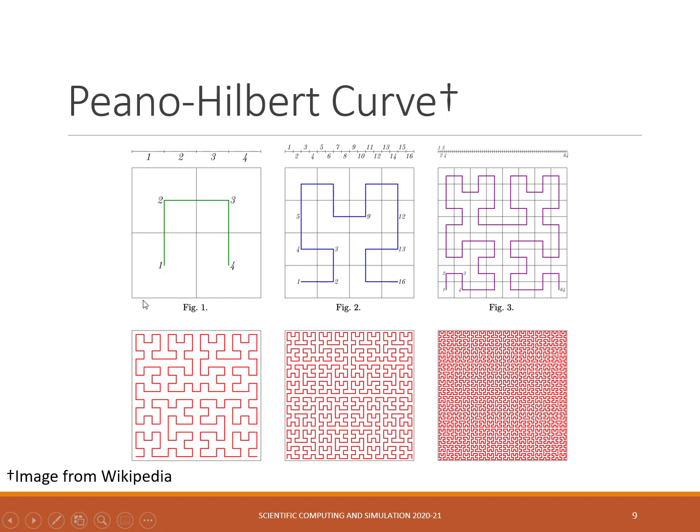This slide shows examples of the Peano-Hilbert curves in 2 dimensions. For instance, this U-shaped curve fills a 2 by 2 grid and maps it to a one-dimensional domain with 4 partitions. As shown here, we can label each cell by its location along the Peano-Hilbert curve.